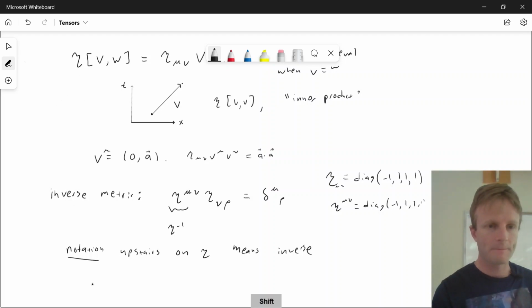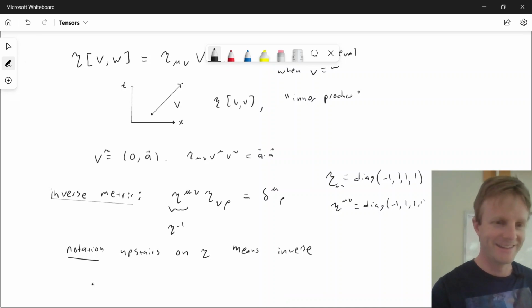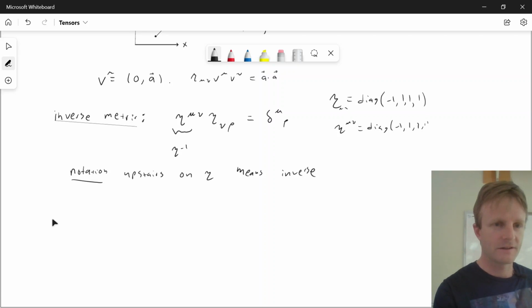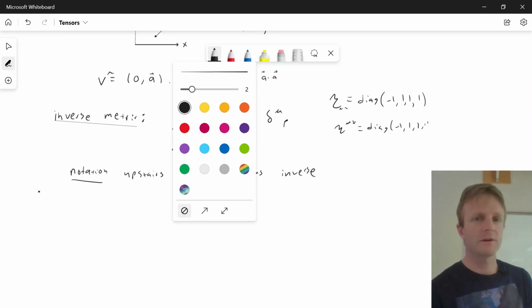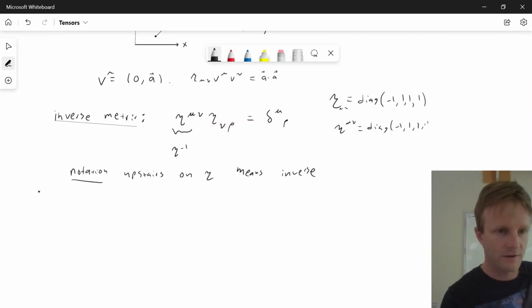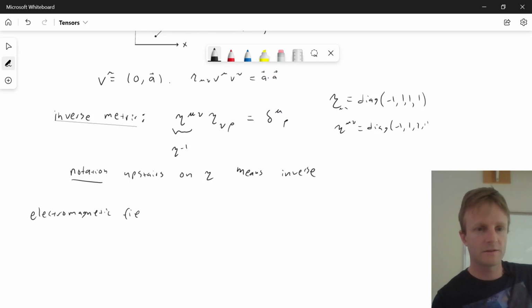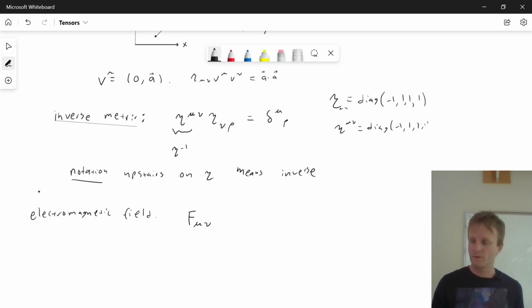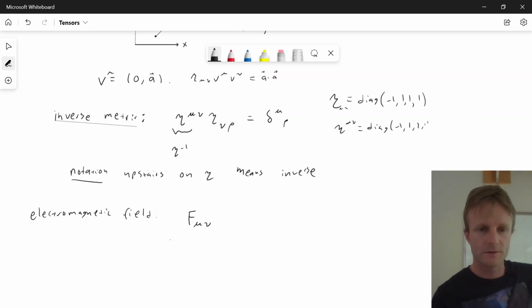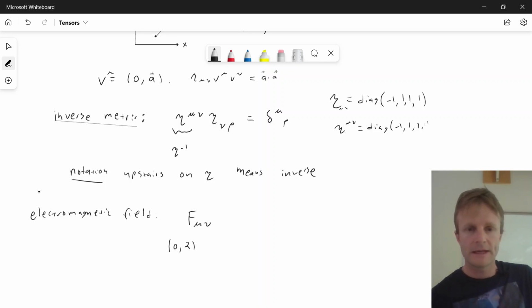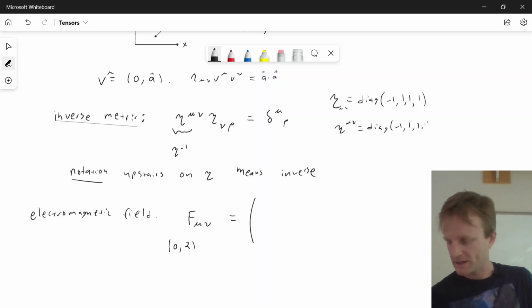Another example of a tensor that we will study, not on this week's homework but on next week's homework, is the electromagnetic field. The grad students who have already taken E&M 2 have probably seen this. Undergrads might not have. F mu nu is a 0-2 tensor, and it's built from the electric and magnetic fields as follows.